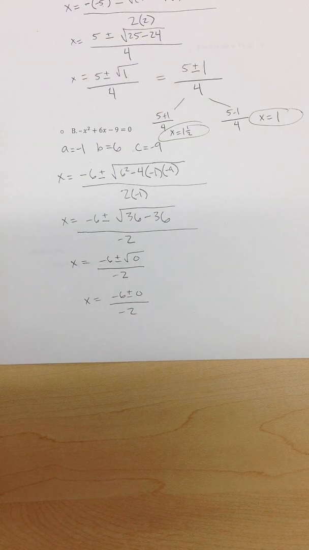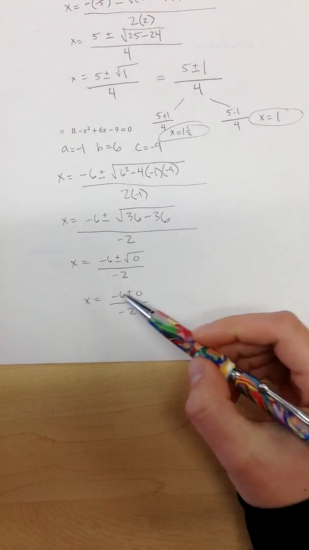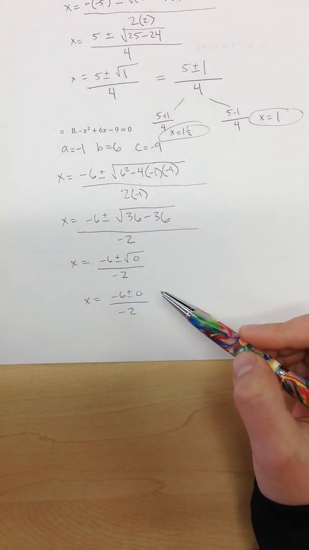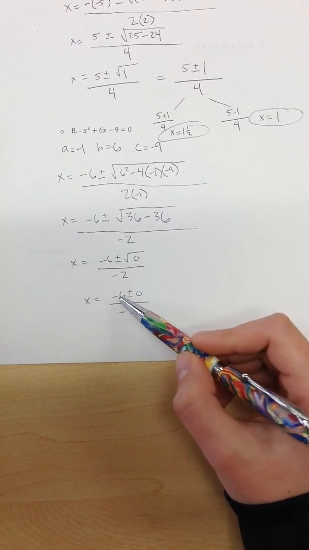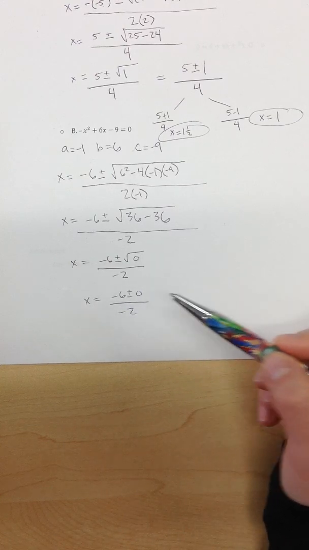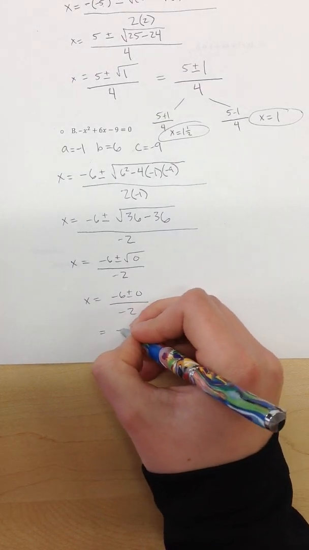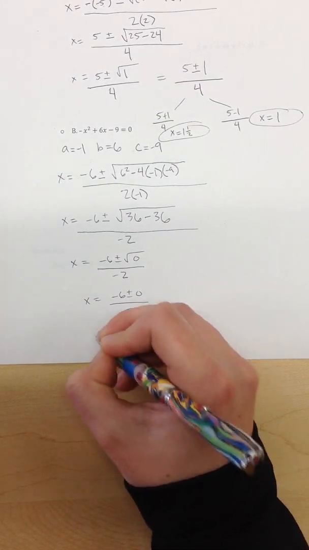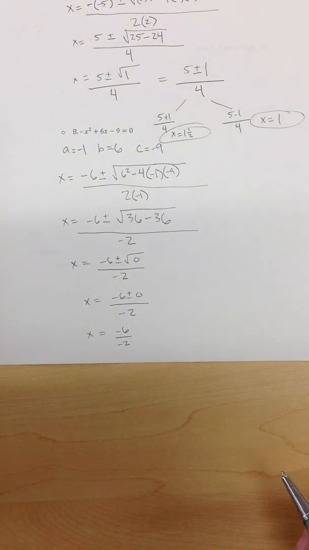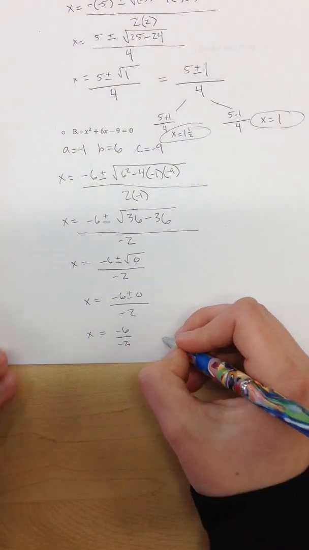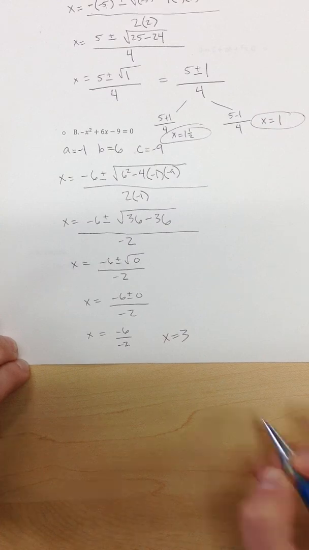Now what's kind of convenient about this one is if I take -6 and I add 0 to it, it's still -6, and if I take -6 and I subtract 0 from it, it's still -6. So really both of these here are going to be -6 over -2. So I'm only actually going to come out with one answer here of x is equal to 3.